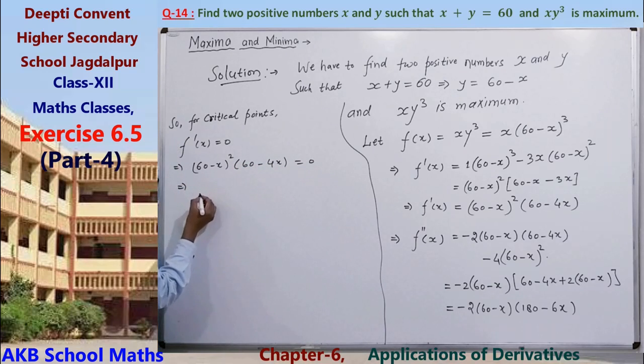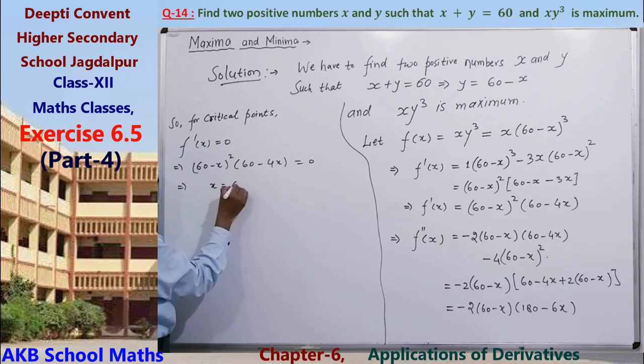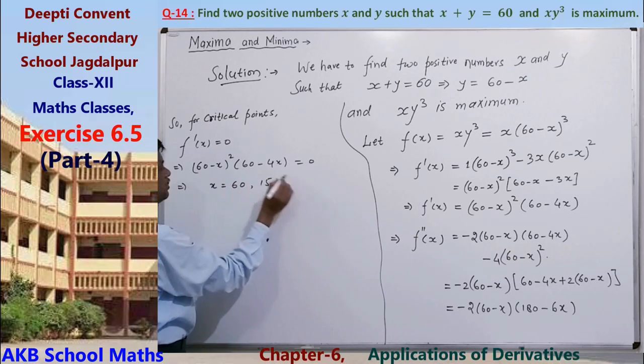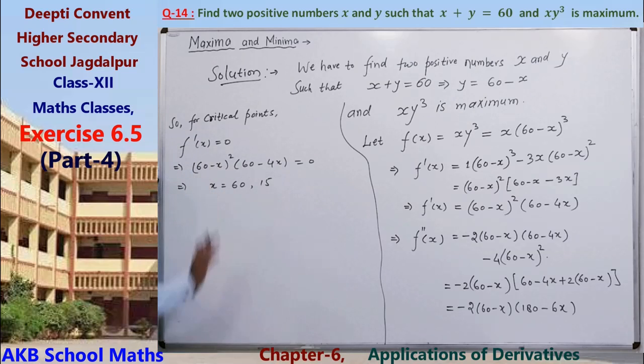You can get from here by solving x equals 60 and 15. These are the critical points.